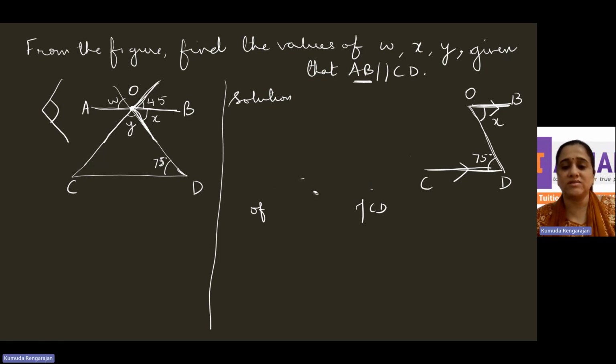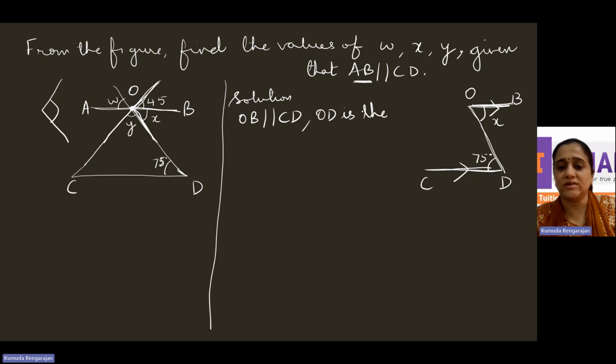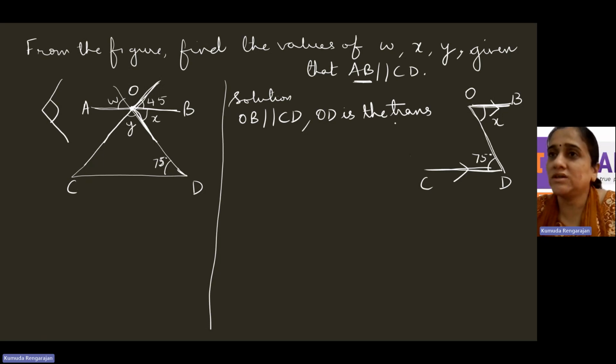Okay. So the solution starts like this. You must mention the parallel lines. Which are the parallel lines? OB is parallel to CD, correct? And which is the transversal? OD is the transversal. I'll just write trans. Whenever you're using the properties that alternate interior angles are equal, corresponding angles are equal, co-interior angles are supplementary, you must mention the parallel lines and the transversal.